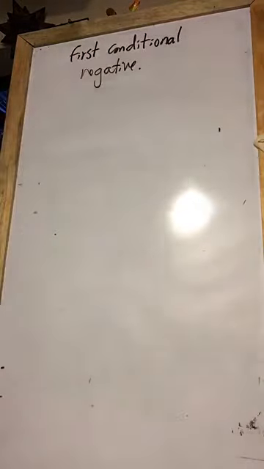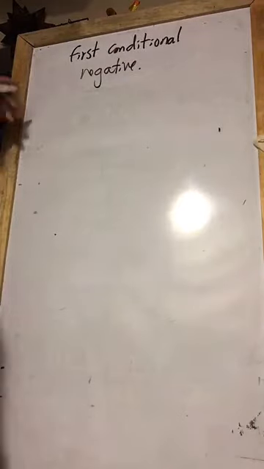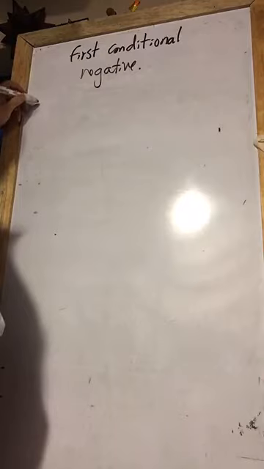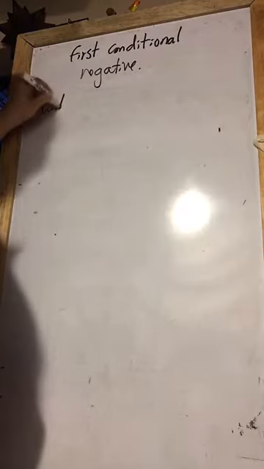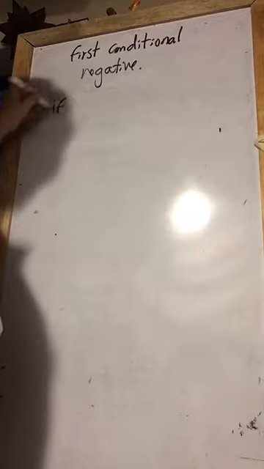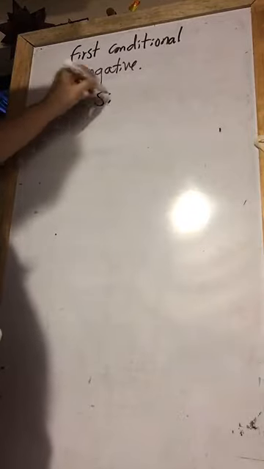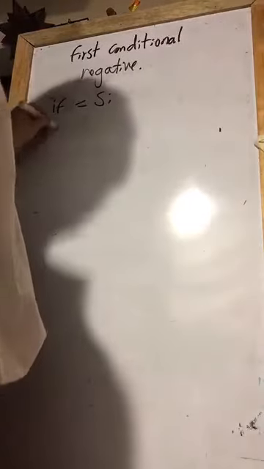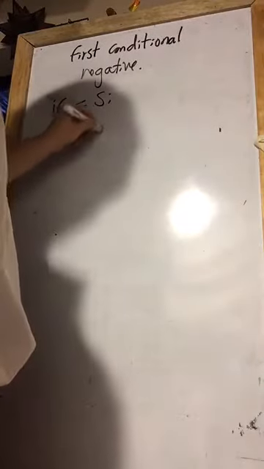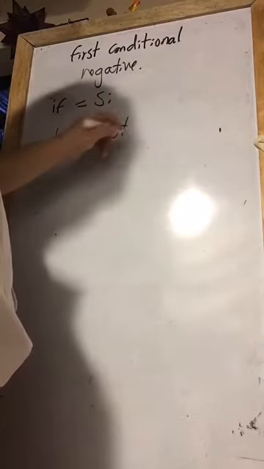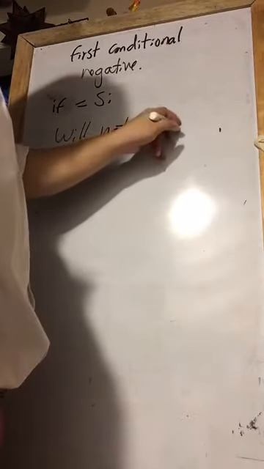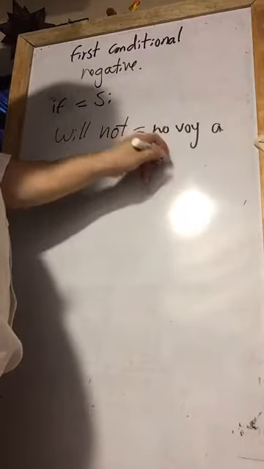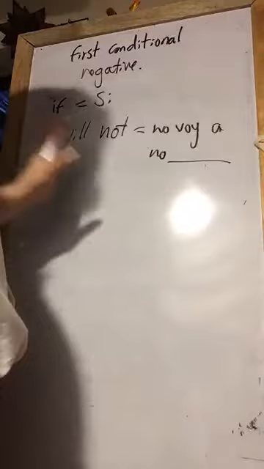So for the first conditional negative, we have the words "will", "if" again, which means "si", but as a probability, not as an affirmation, and "will not", which means "no", and then a suffix. You will see in a second.